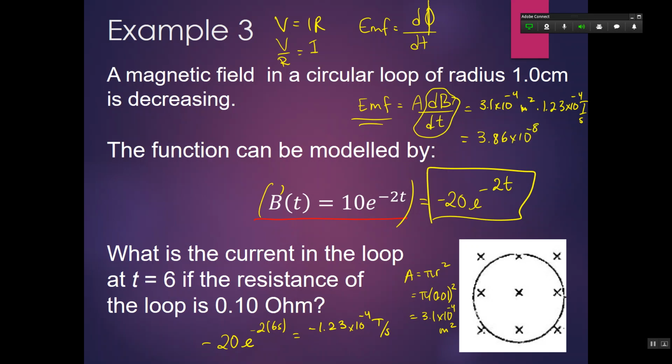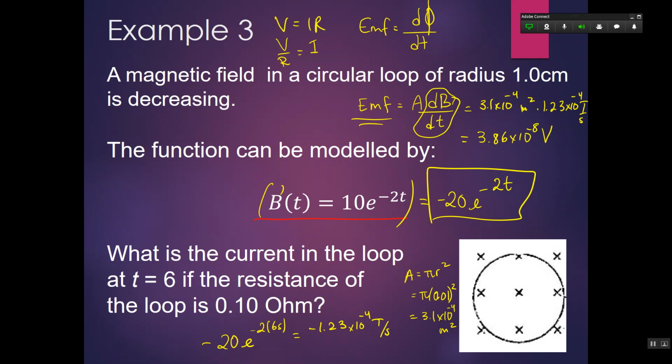So that's your induced voltage, all right? So you've produced a voltage differential of this inside this circle, and that is going to be used to mobilize charges in this current that has a resistance of 0.1 ohms. So you can figure out using Ohm's law.